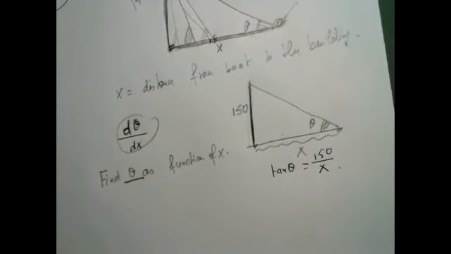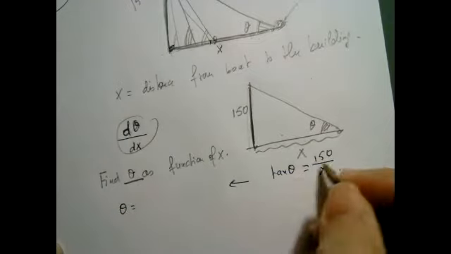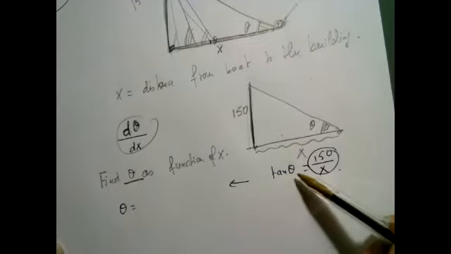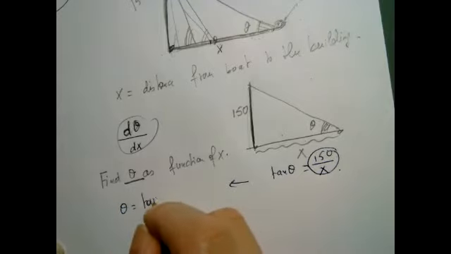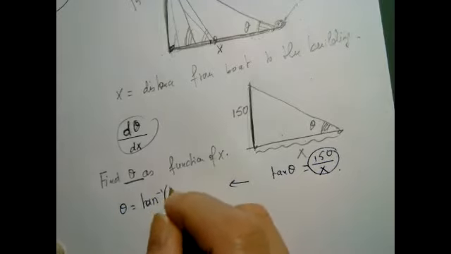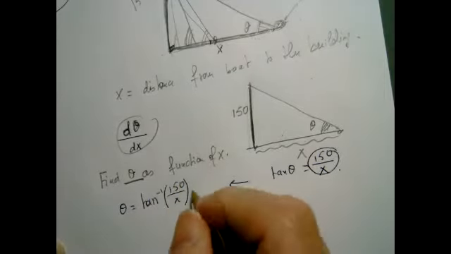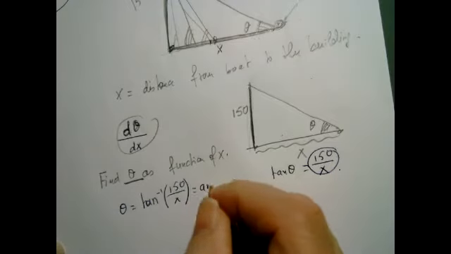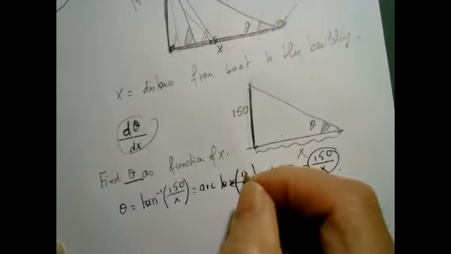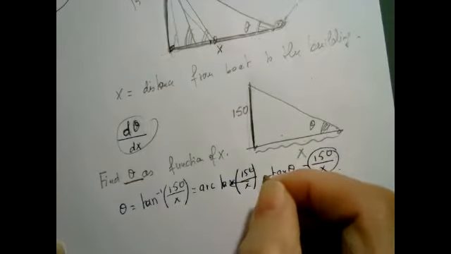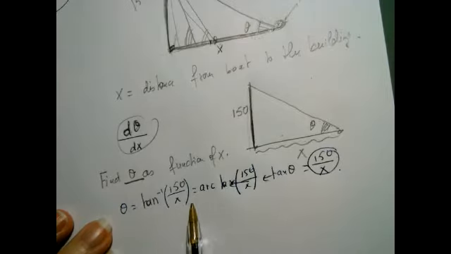That's what the geometry of the picture tells me. So now what is theta? Theta is the angle whose tangent is that, so theta is the tangent inverse of 150 over x. Or, as I said yesterday, I like to call it arc tangent of 150 over x. So that is theta as a function of x.